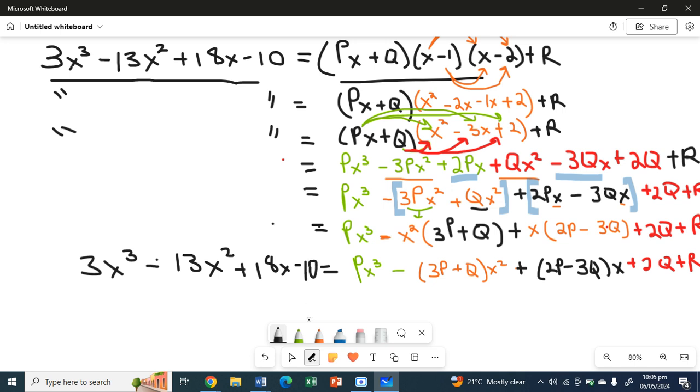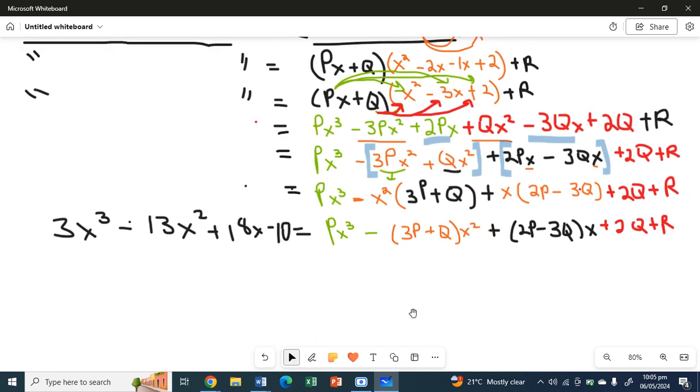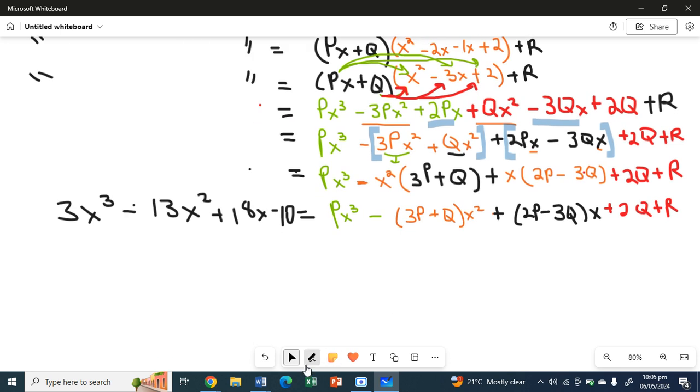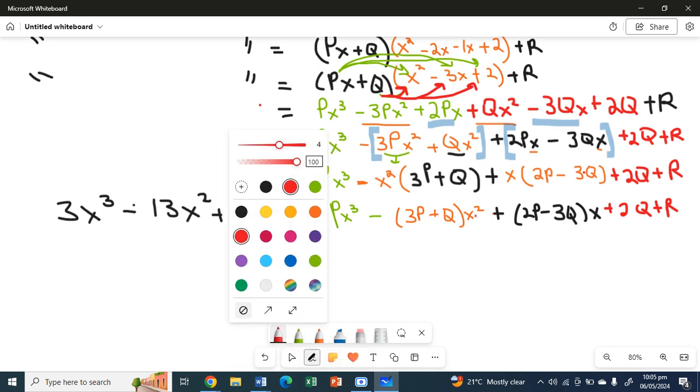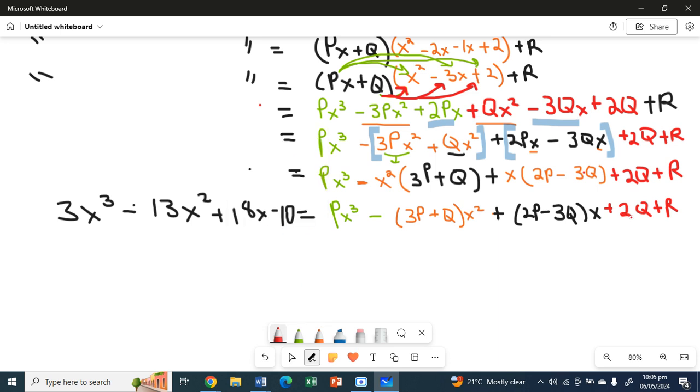All right, so now this is the part where to get the values of p and q, we need to equate coefficients. So if we remember, a coefficient is a number that comes before a letter, in very simple terms. The number that is before the variable.